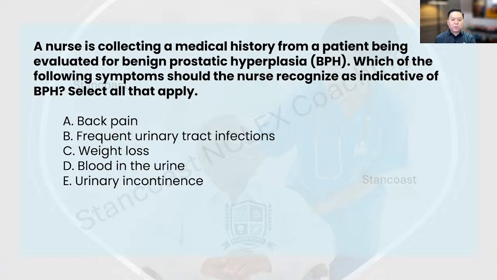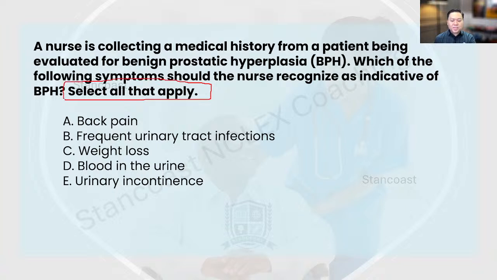Is it B, frequent urinary tract infections? Or is it C, weight loss? Or D, blood in the urine? Or E, urinary incontinence? Okay, please don't forget the instruction here is select all that apply.